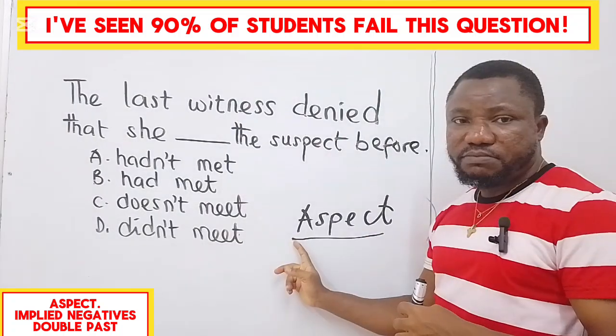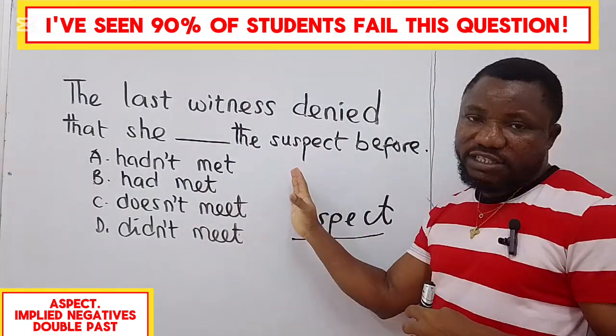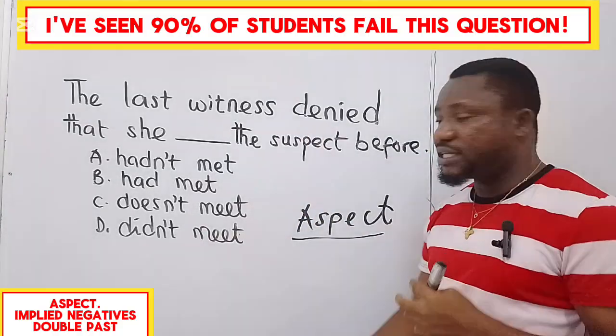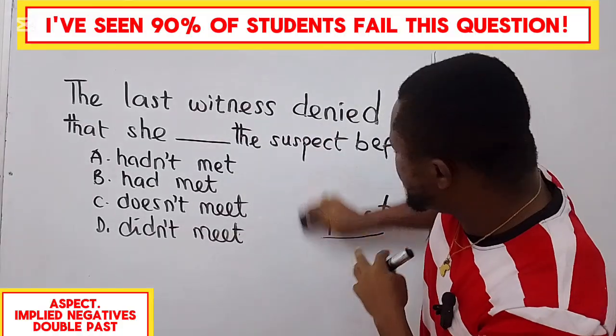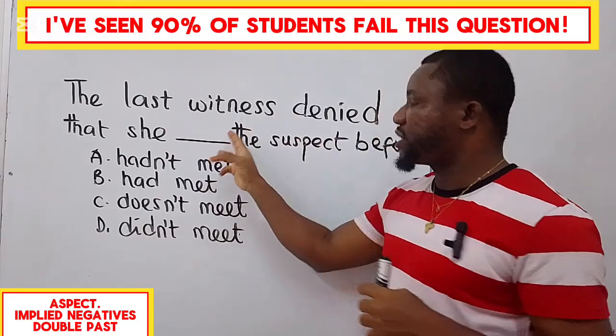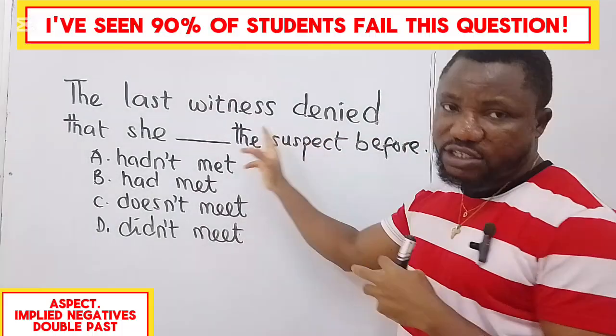Besides aspect, there are two other things I'm going to be explaining in this analysis, just so you can easily pass questions like this in the future. The first thing to note is that we have two situations in this question.